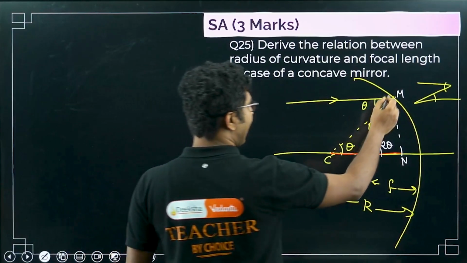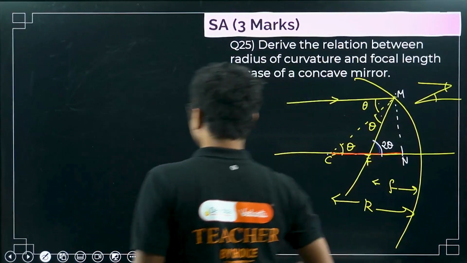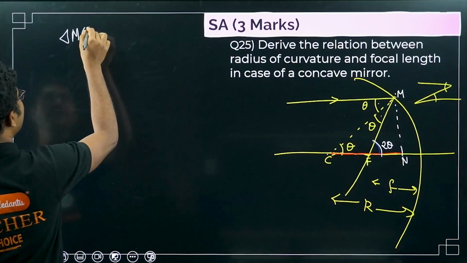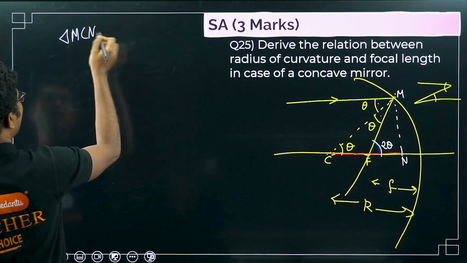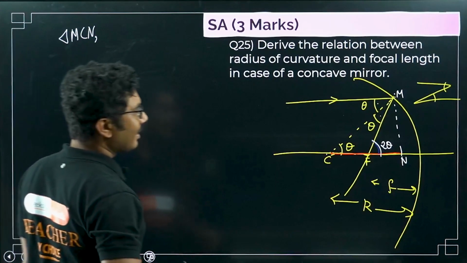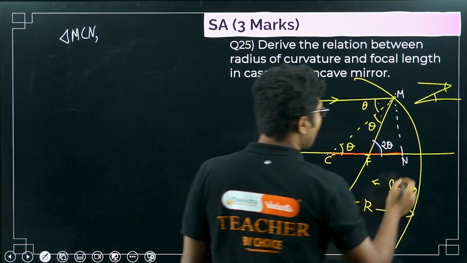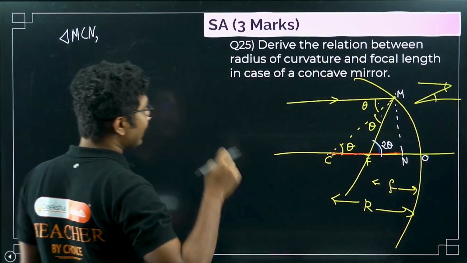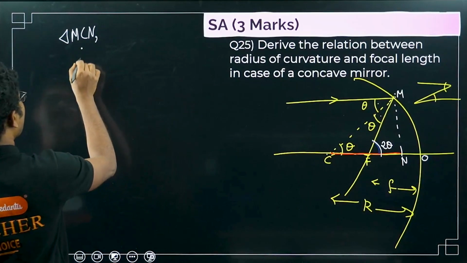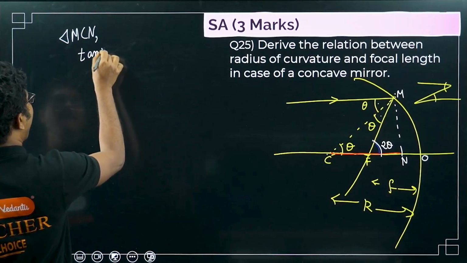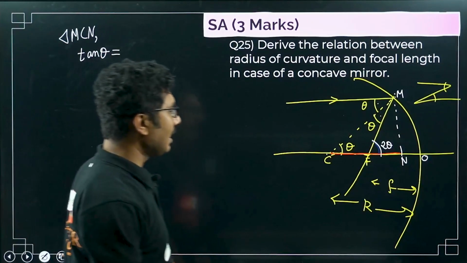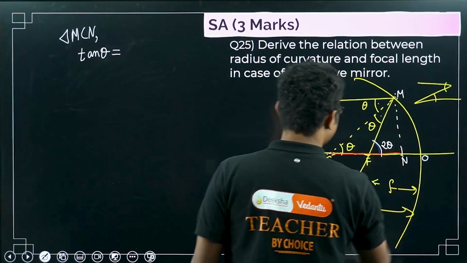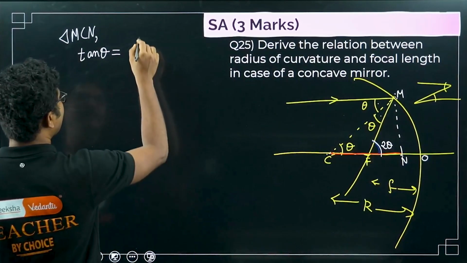From the triangle MCN, and this is the optical center O, we can say that tan theta equals perpendicular by base, so MN by CN.